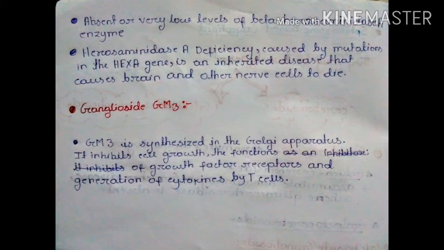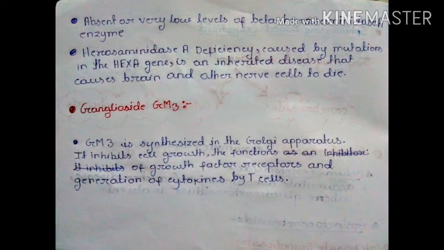So if there is some mutation in the HEXA gene, we cannot get hexosaminidase enzyme, or we may get a truncated portion of the enzyme, so we get non-functional hexosaminidase enzyme.